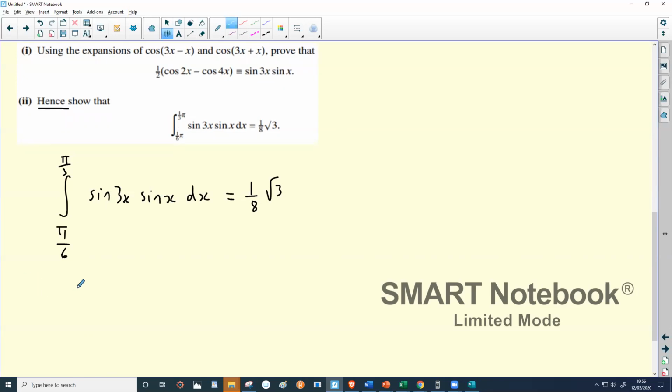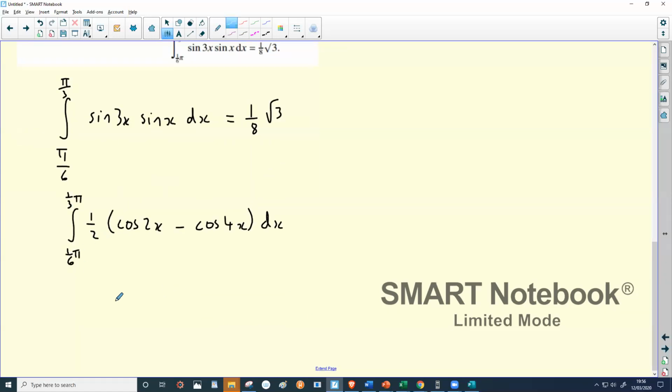So now what we can do is write sin 3x sin x as a half, open brackets, cos 2x minus cos 4x, dx between the limits of a third pi and a sixth pi. Now I like taking constants out just so that I don't get confused when I've got constants like cos 2x in there.